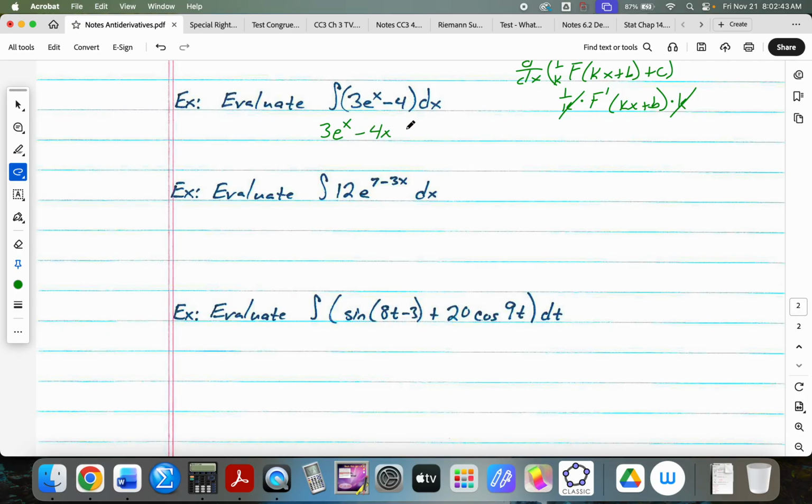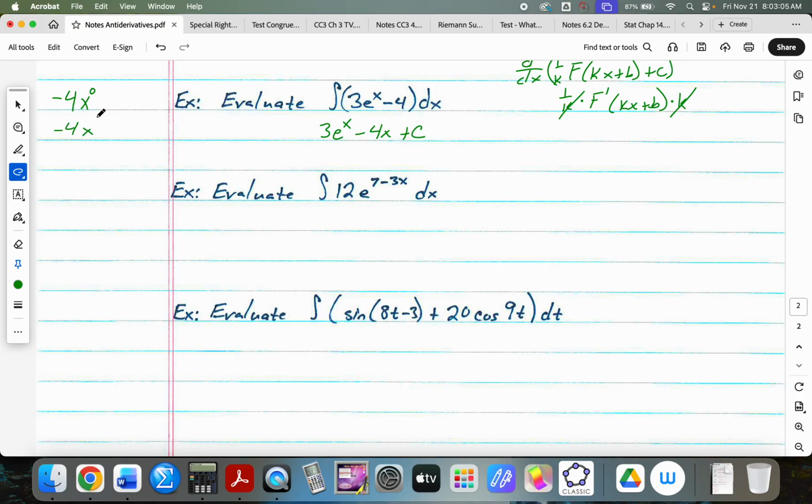We haven't talked about that specifically, but you can think of negative 4, you don't need to write this, but negative 4 is negative 4x to the 0 power, right? If you take the antiderivative, you would add 1 to the power and multiply by the reciprocal.